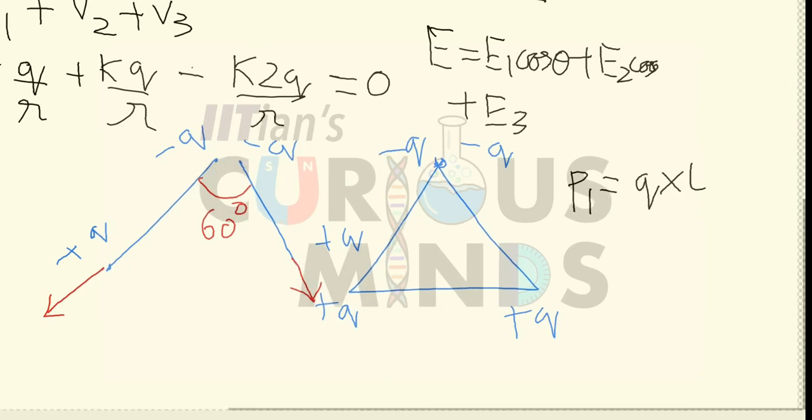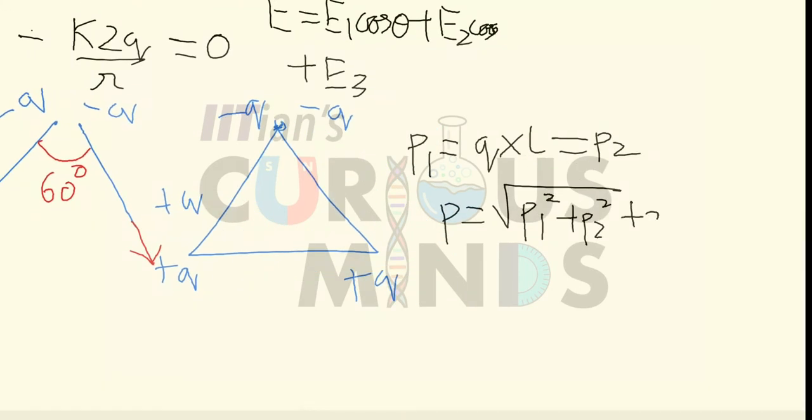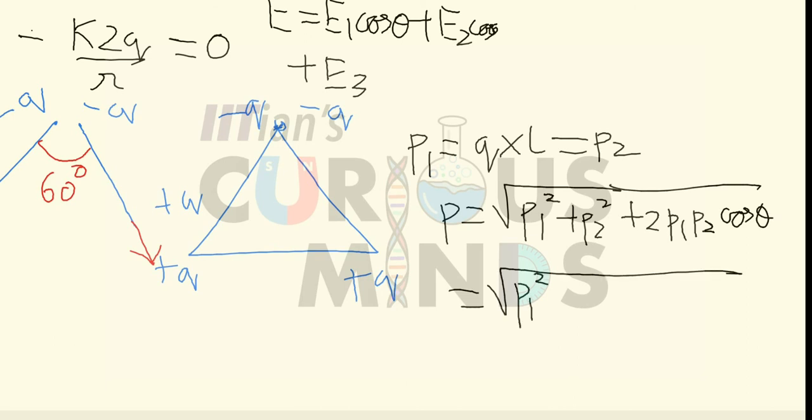Now the total dipole moment of the system will be equal to the root of P1 square plus P2 square plus 2 P1 P2 cos theta, because the charges and the lengths are the same. The angle between them is 60 degrees, so P1 and P2 are the same, which gives the root of P1 square plus P1 square plus 2 P1 square into cos 60.